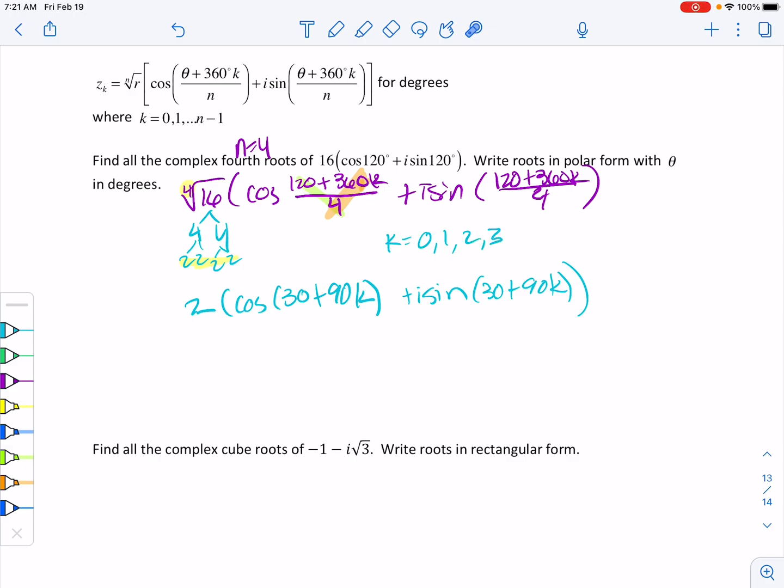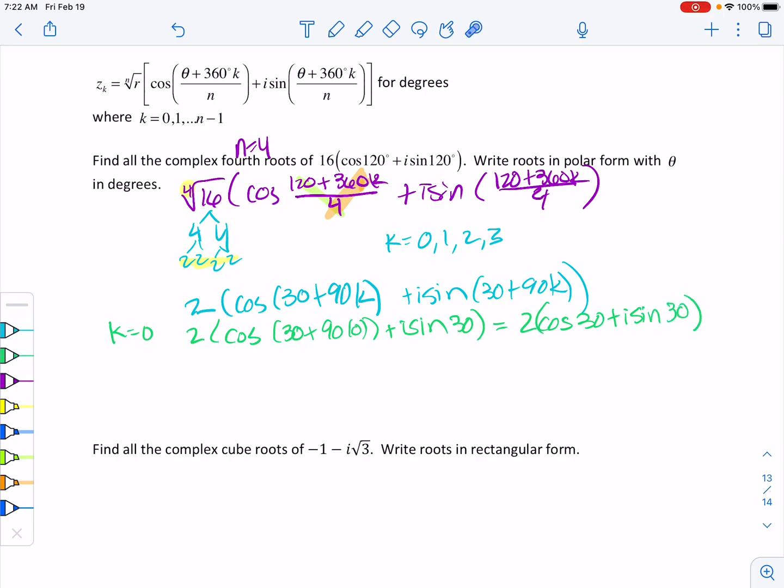When we plug in k is 0, we get 2 times cosine of 30 plus 90 times 0, which is just 30 plus 0, which is 30, plus i sine of the same thing. So this is 2 cosine 30 plus i sine of 30.